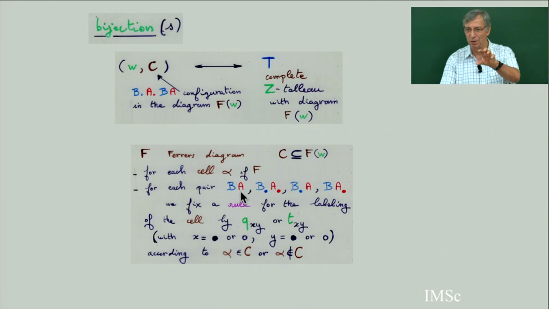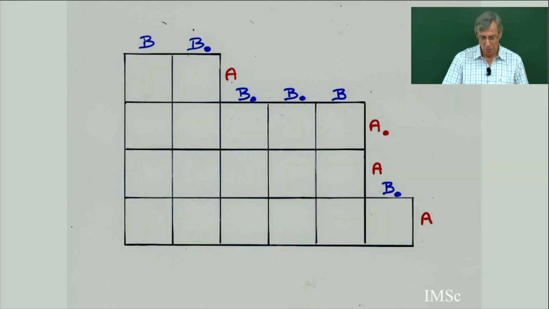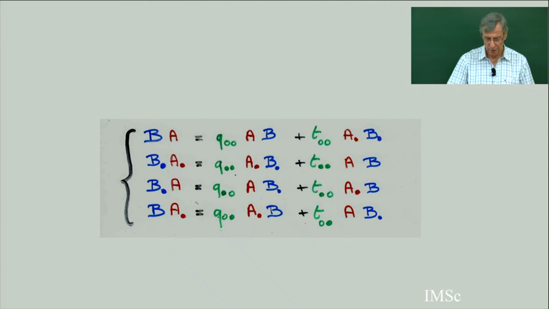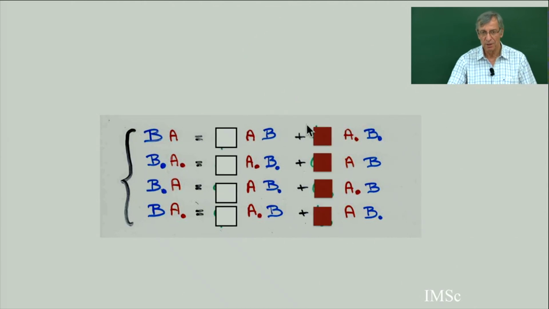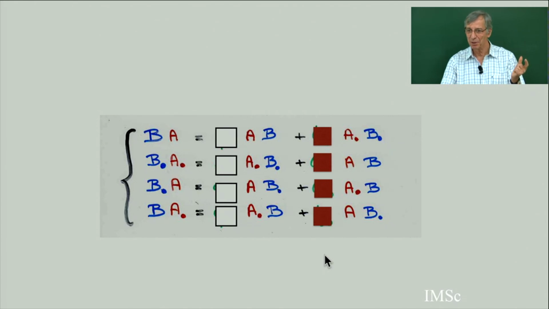When I meet a brown cell, I give a rule that changes the rewriting. I should maybe go back to the system of equations. You see, the rule was each time I have a brown cell, meaning an element of the configuration, I was doing a rewriting like this.